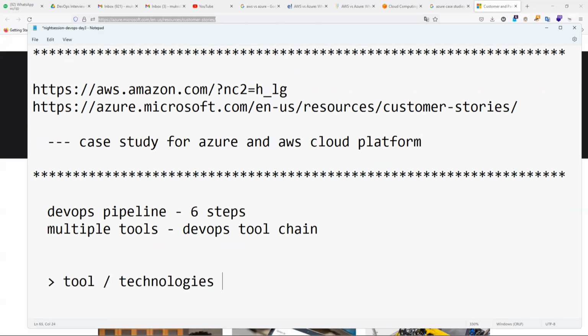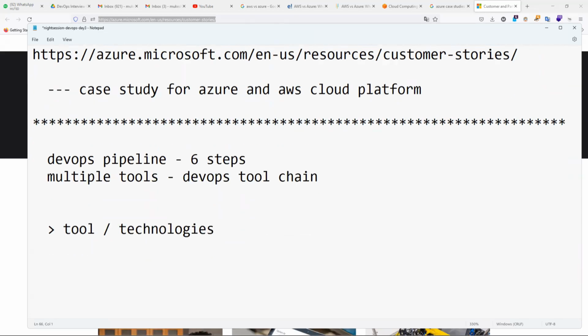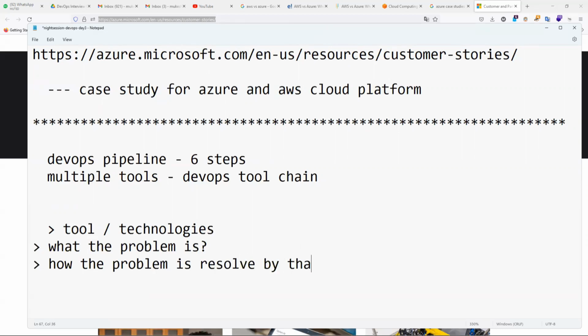I will give you a very small hack tip to work on. Firstly, see what problem the tool is solving, and how that problem is resolved by that tool or technology. That's it. Nothing extra to add.